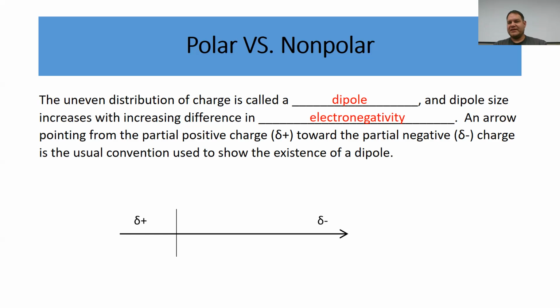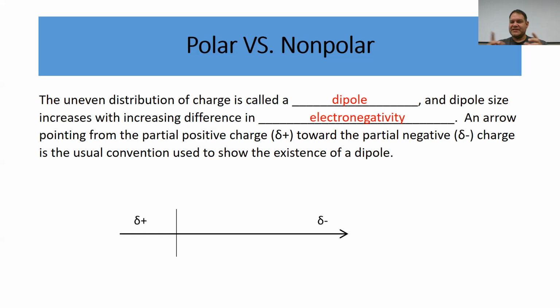Dipoles are really important to understand because we're going to be dealing with dipoles throughout the year as we look at an uneven distribution of negative charge, okay? So we had defined a dipole as an uneven distribution of charge, and the dipole size, so how big the distribution of charge, the difference, is going to be based on an increase in the difference in electronegativity.